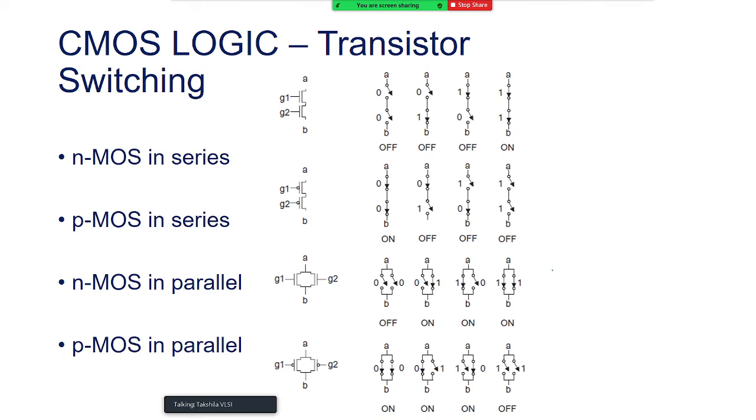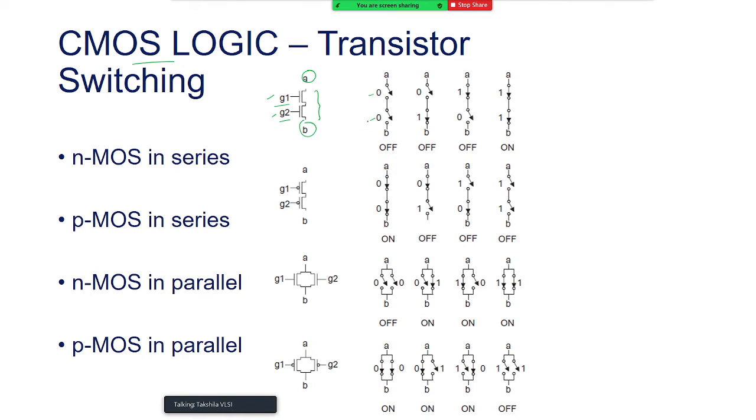So to summarize the transistor switching, you see here CMOS logic, gate 1, gate 2, NMOS in series. Here is the A, here is the B. A connects to B depending on which logic is available at the gate. So let's say two NMOS transistors are in series and both gates are at logic 0.